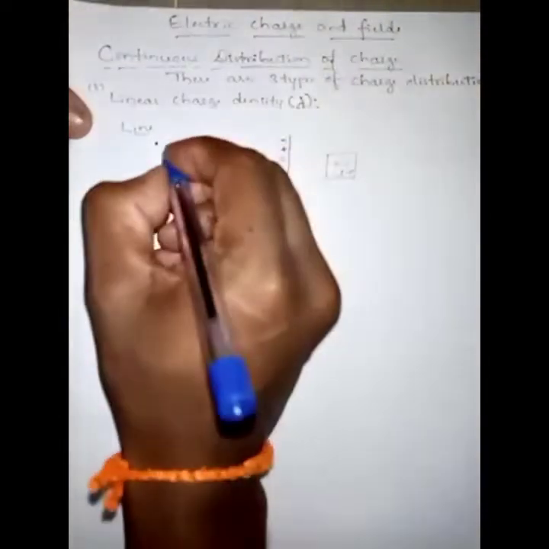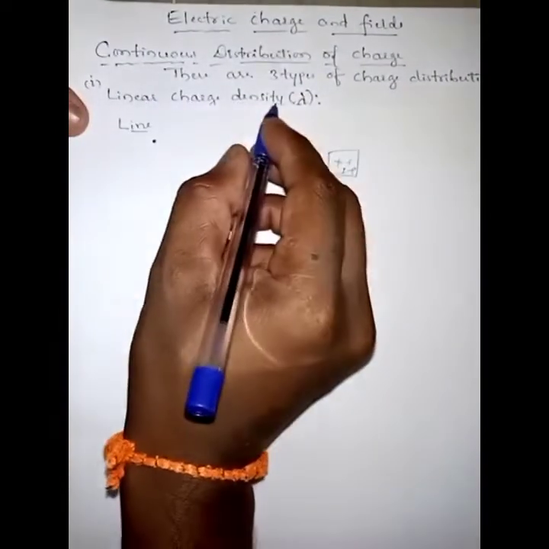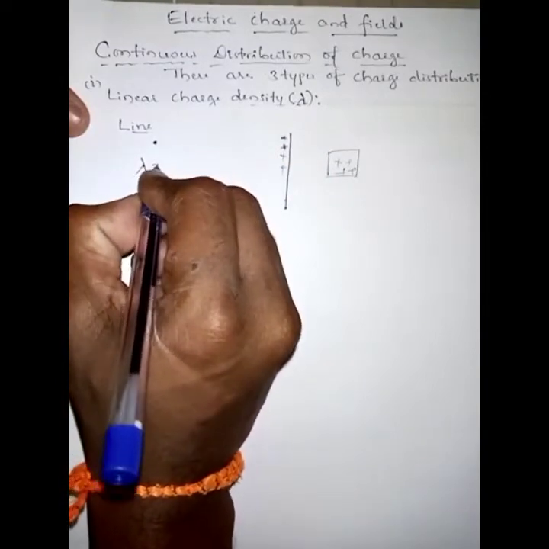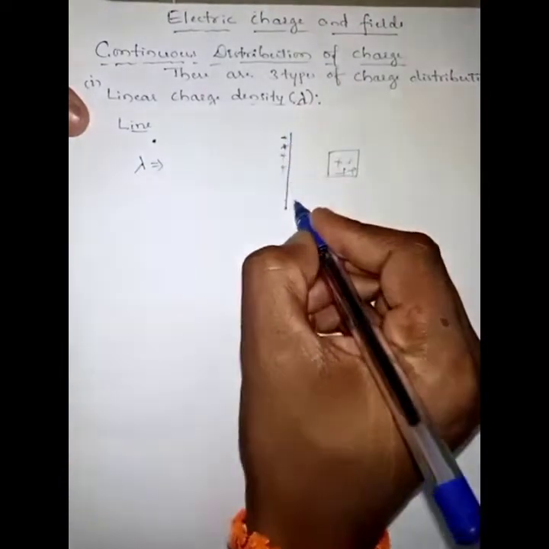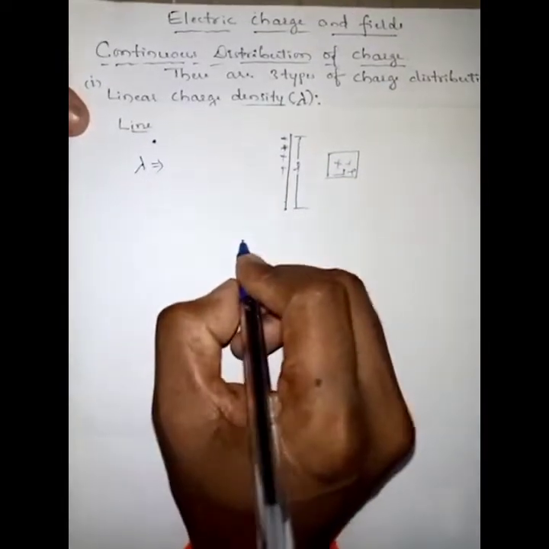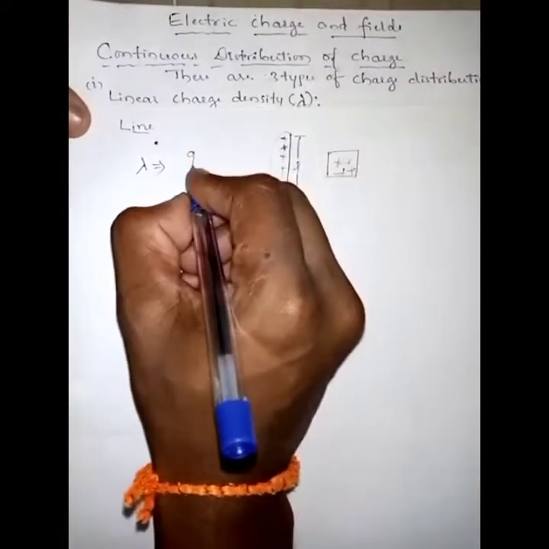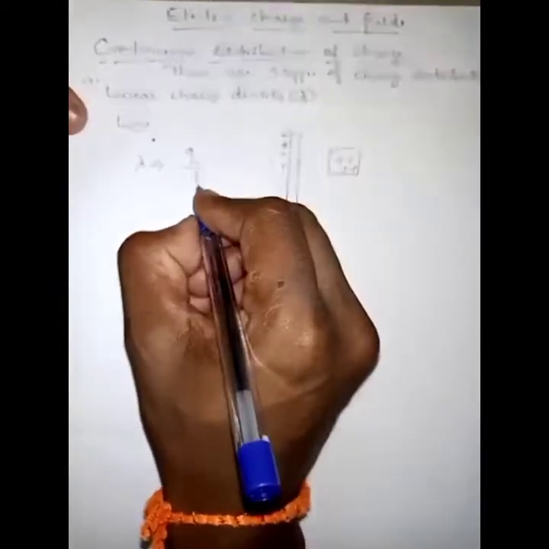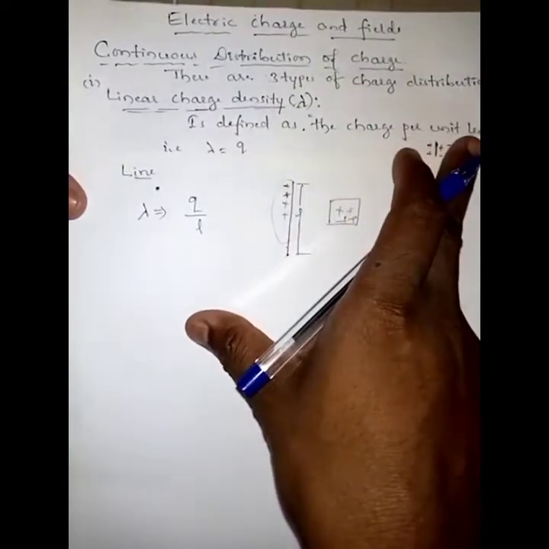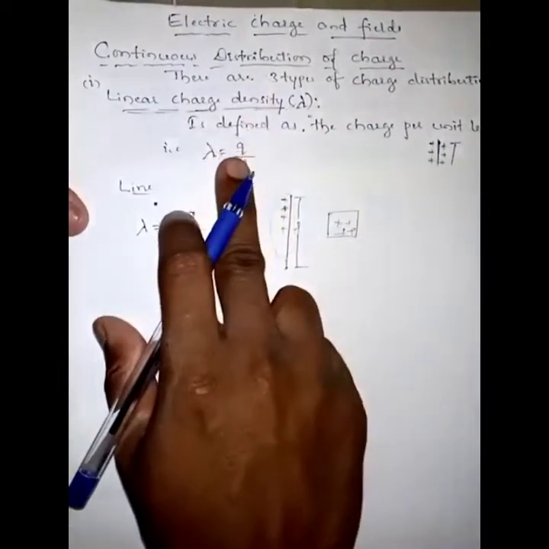This distribution is known as linear charge density. Lambda is defined as charge per unit length. Suppose the length is L and the total charge is Q. Therefore, the charge per unit length is the linear charge density.